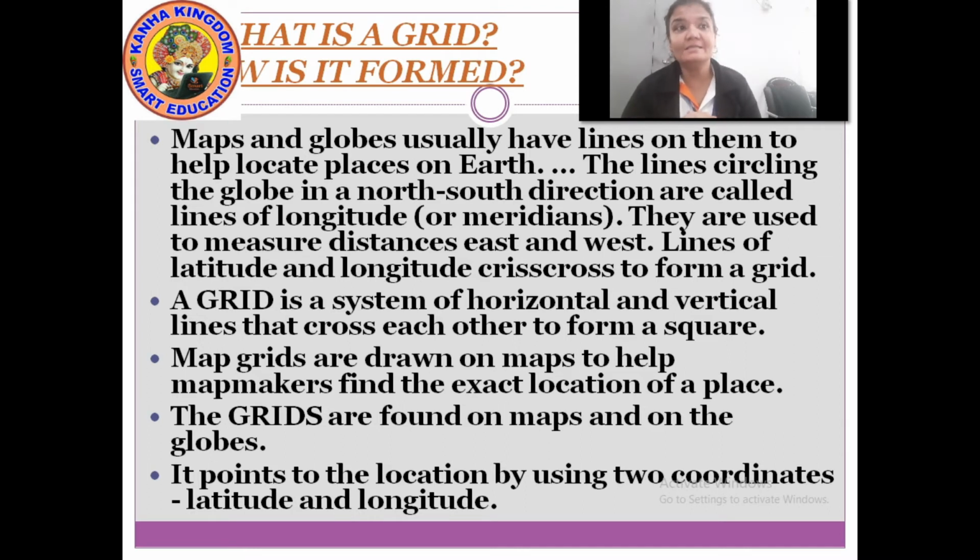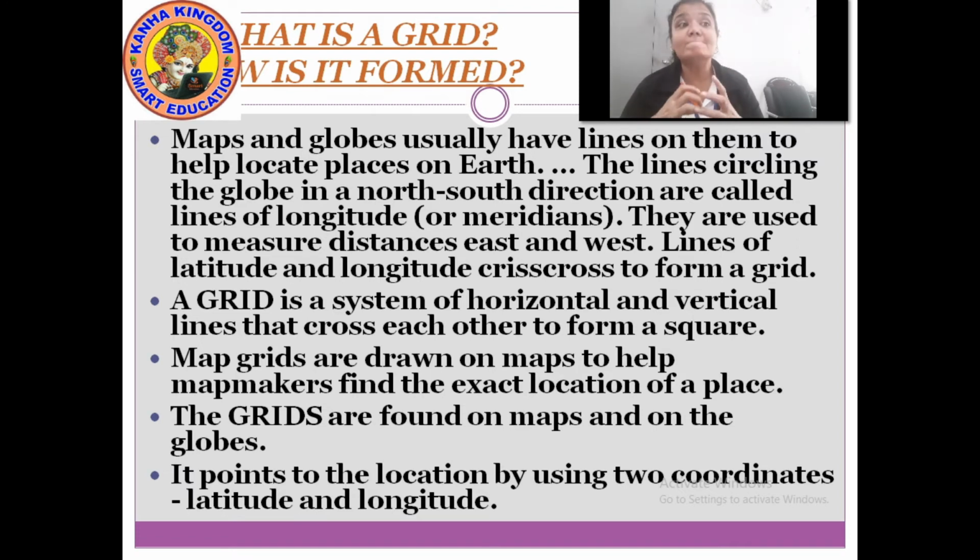When these lines crisscross each other, they form a grid. The grid is a system of horizontal and vertical lines that cross each other to form a square. When you see a square on the globe or a map, it is a grid.